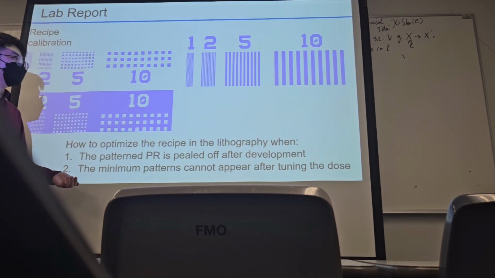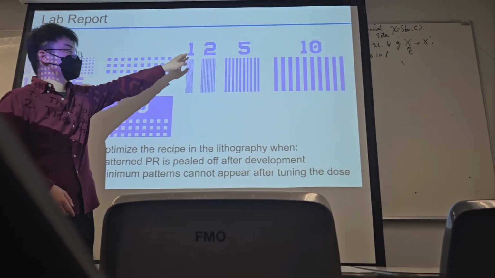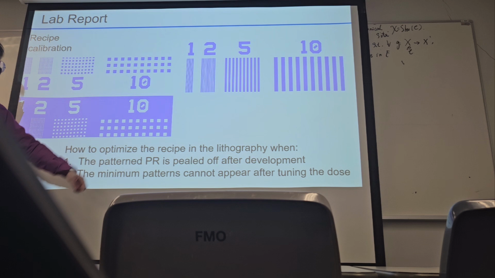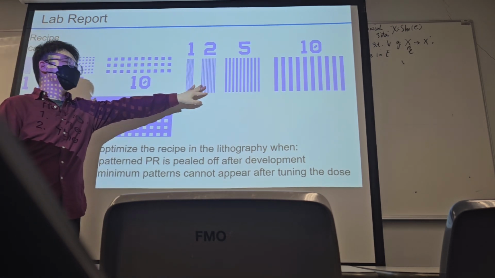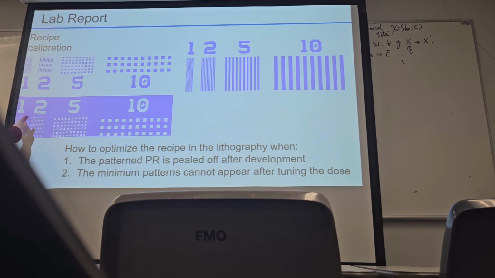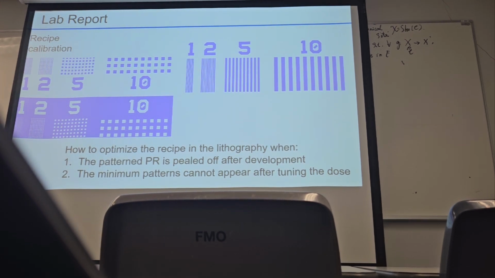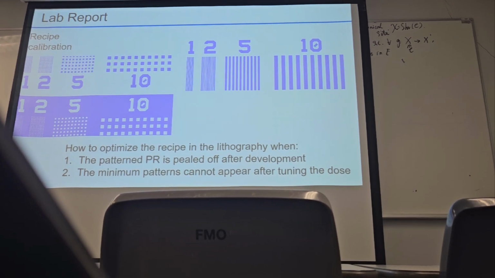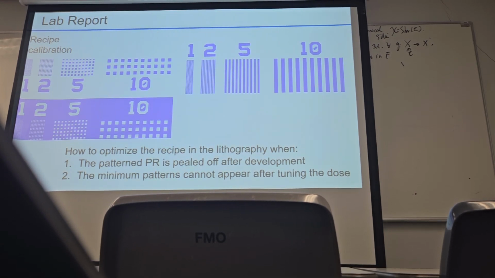For example, I think in all your PR, you cannot achieve 1 micrometer feature size. I think all your wafers failed. But for 2 micrometers, I think some of your wafers can achieve it. You can always use this to do a dry run, and then you understand the limitation from the lithography, so you can go back and change your design. Because you do not want to design devices which cannot be fabricated.